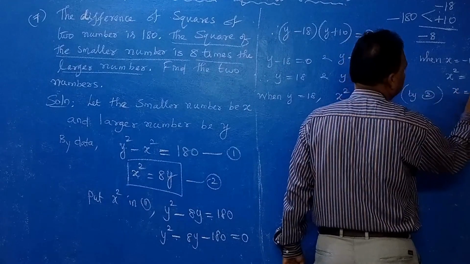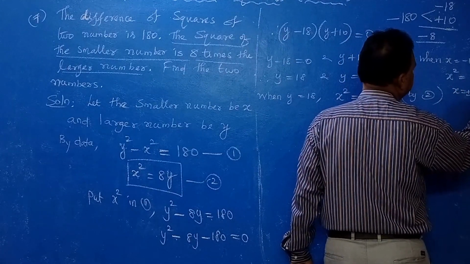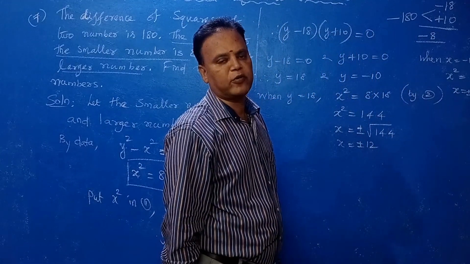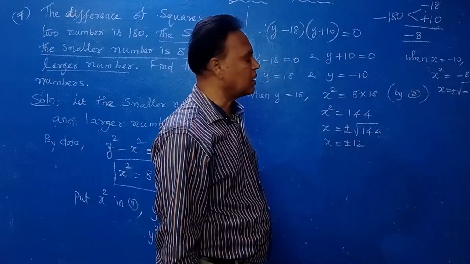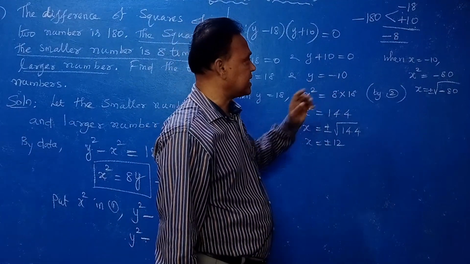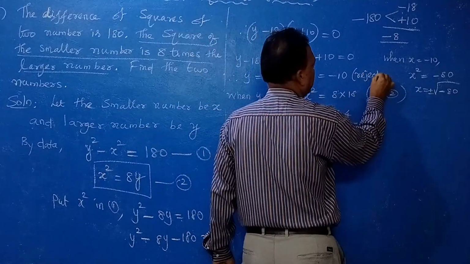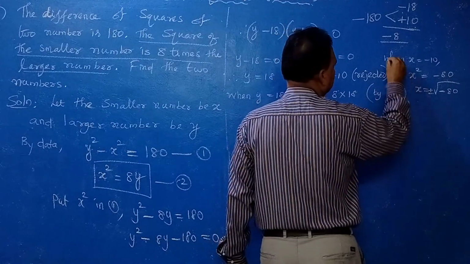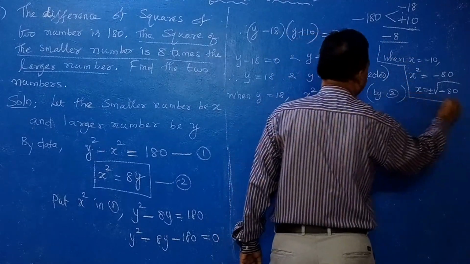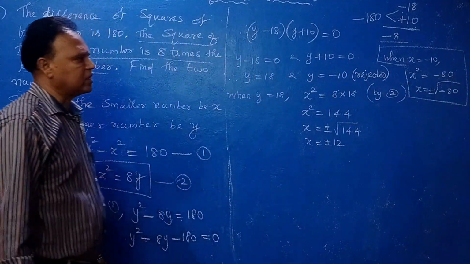But x equal to plus or minus square root of minus 80. In the square root, minus getting, negative value getting means that is not real. Clear? Therefore, y equal to minus 10 is rejected. It is not real. Do it in rough. Y equal to minus 10 is rejected.